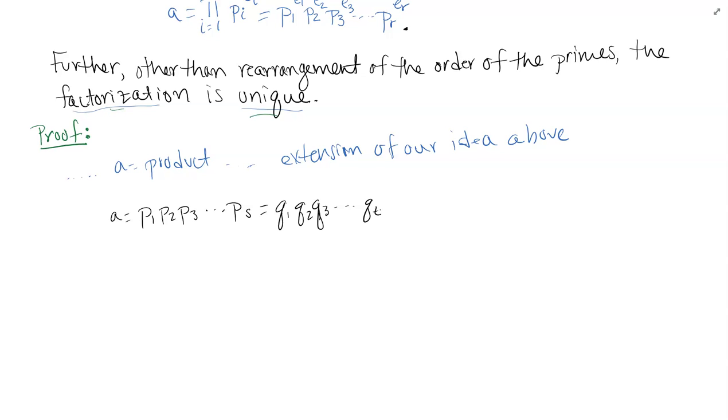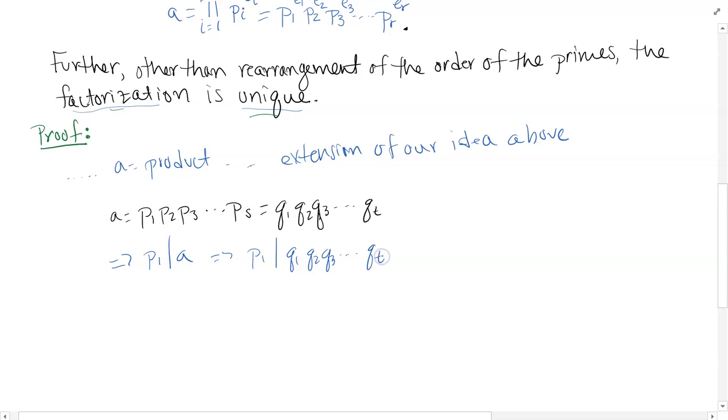Now, if we have this going on, these are two different factorizations. We know that P1 must divide A, so this is the next step. P1 divides A, so this implies that P1 divides Q1 Q2 Q3 up to Qt.